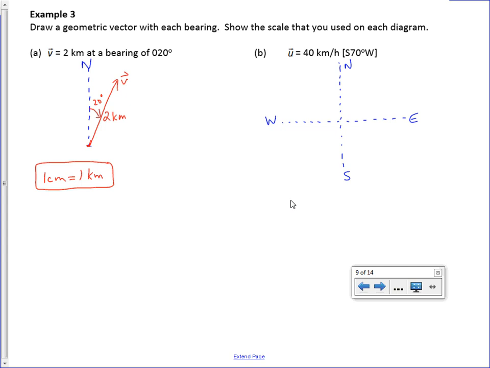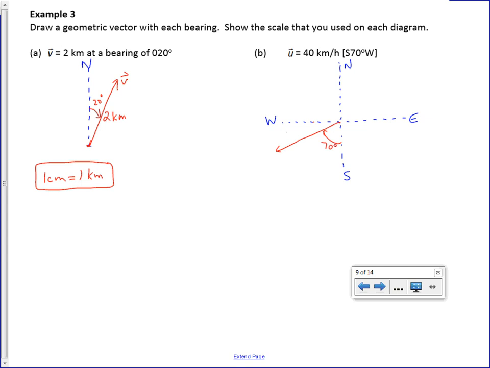The first direction I see is south, so I should start my pen facing south. Then it says 70 degrees west. That means my vector needs to go a lot towards the west, 70 degrees. So when I draw my vector, I'm going to draw the 70 degrees like this.